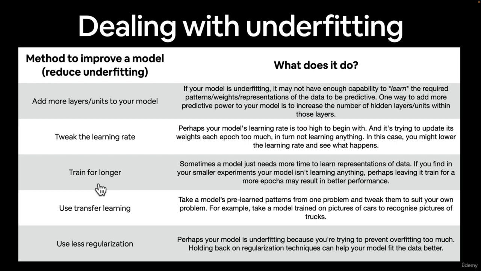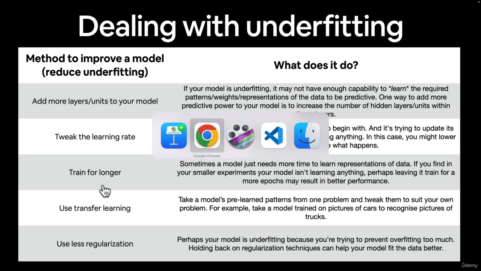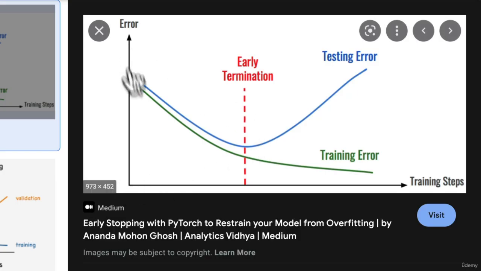So that means giving your model more opportunities to look at the data. So more epochs, that just means it's looking at the training set over and over again and trying to learn those patterns. However, you might find again, if you try to train for too long, your testing error will start to go up. Your model might start overfitting if you train too long. So machine learning is all about a balance between underfitting and overfitting.